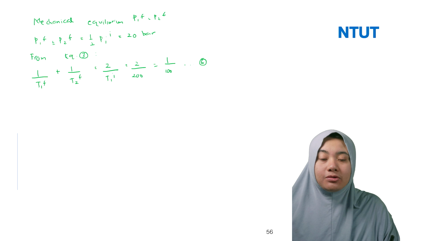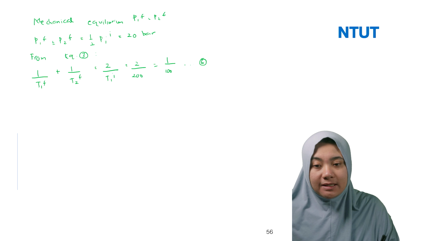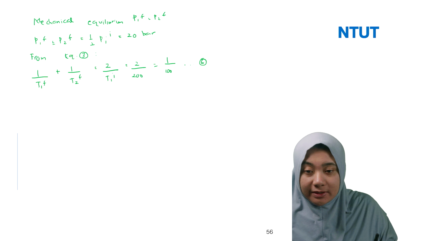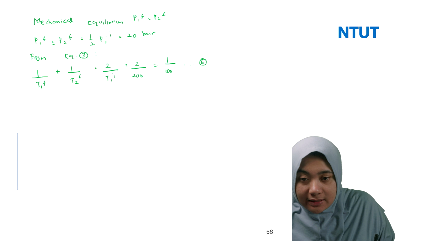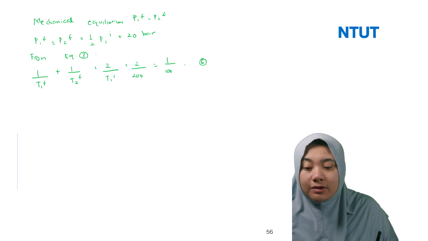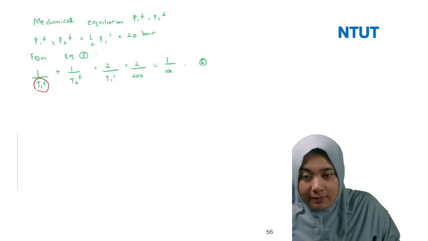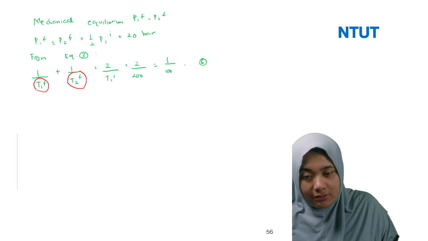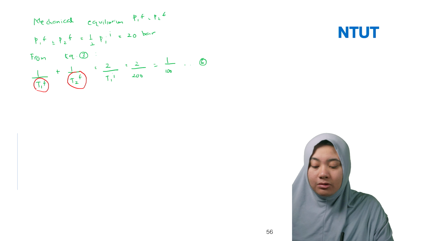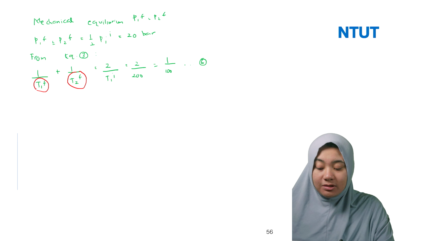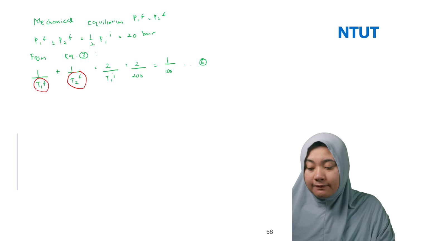So from this you know, right? Because here we have two unknowns. We don't know T1F, and T2 we also don't know. So it means that we need two independent equations to calculate the temperature.